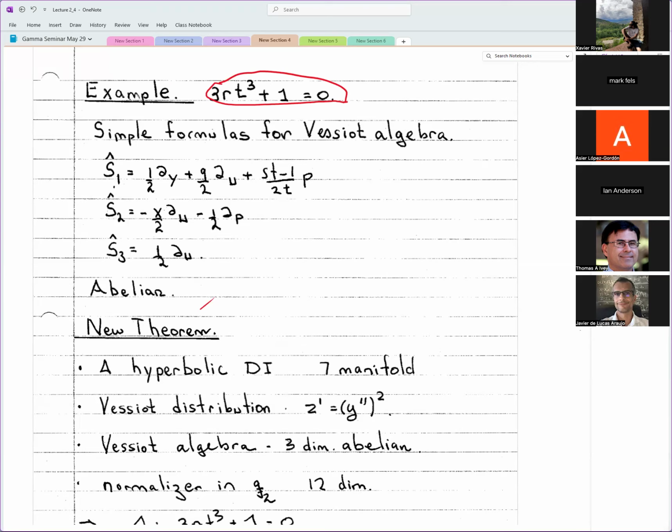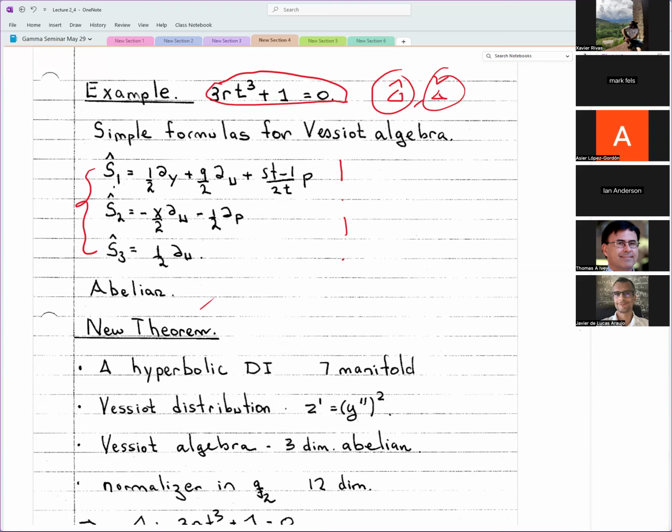Although the formulas for delta hat and delta check, which I wrote down last week, were very complicated expressions, you get a big surprise: the vector fields for the Vessiot algebra, or the Vessiot action, for this equation are about as simple as you can hope.